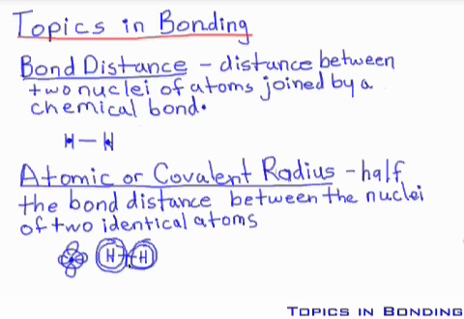Excuse my poor drawing. Now, we talk about orbital overlap in bonding, but what we will do is use half the bond length to represent the atomic radius. And this works well.